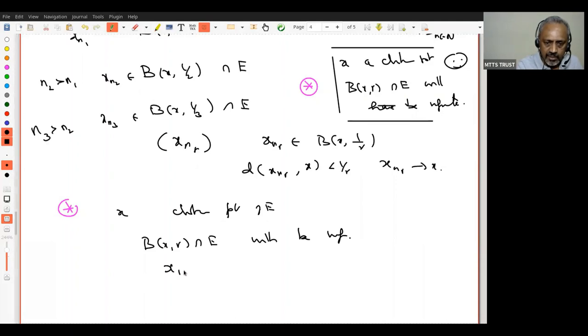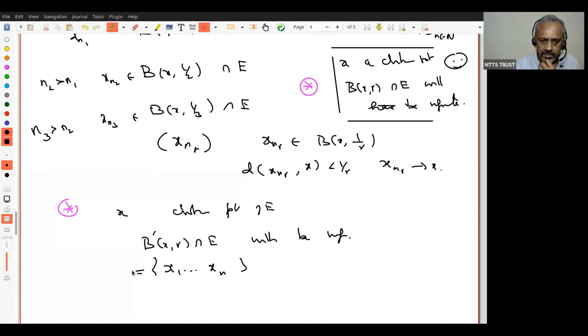Suppose this is equal to a finite set. I will also assume none of the x1, x2, ..., xn are equal to x. x may also be a point, in which case you remove that. Are you following? B(x,r) intersection E will be a finite set, but x is of course a point of B(x,r). It may also be a point of E, so I remove that.